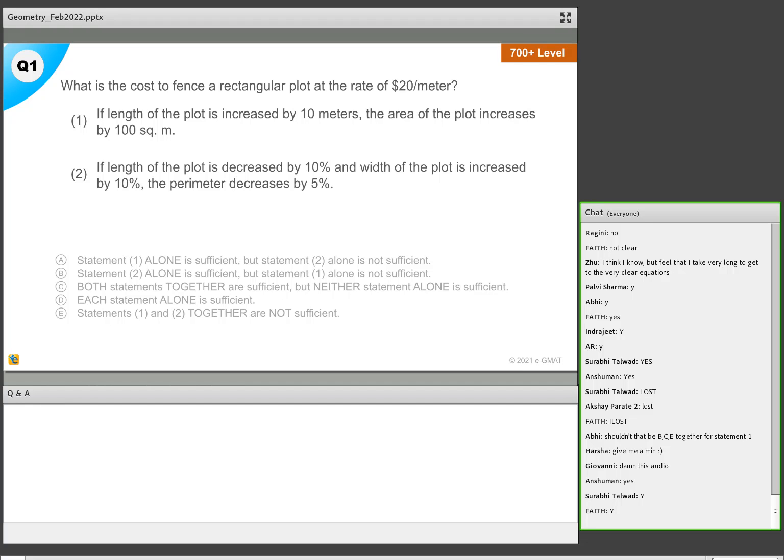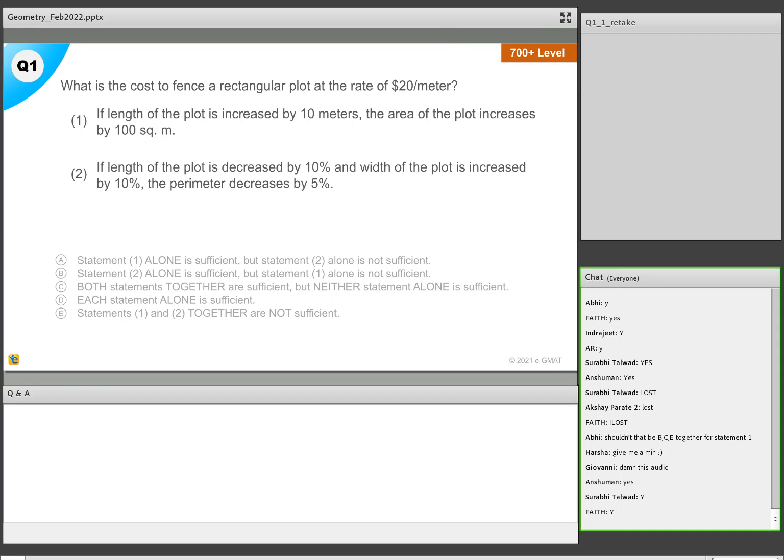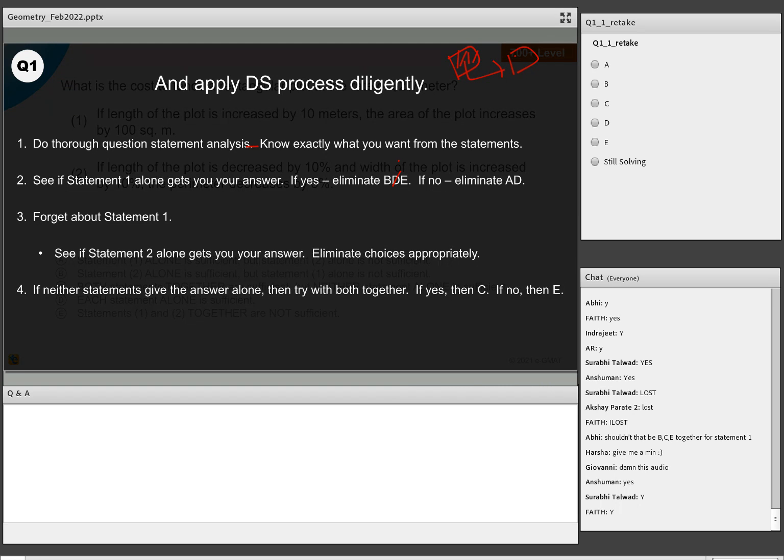Alright. So first things first, don't directly jump to statement 1 or statement 2. Spend some time trying to analyze the given information in the question itself. That's step 1. Only after that you go to statements. And when you go to statements, think about it.